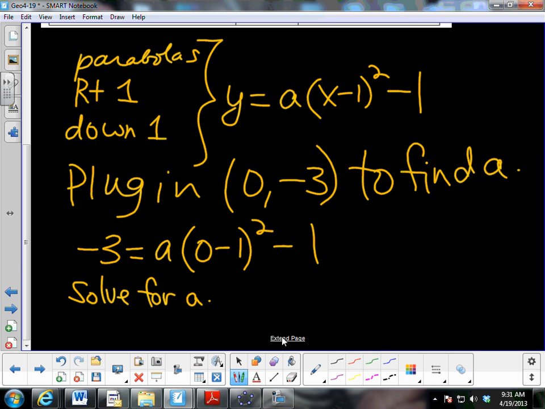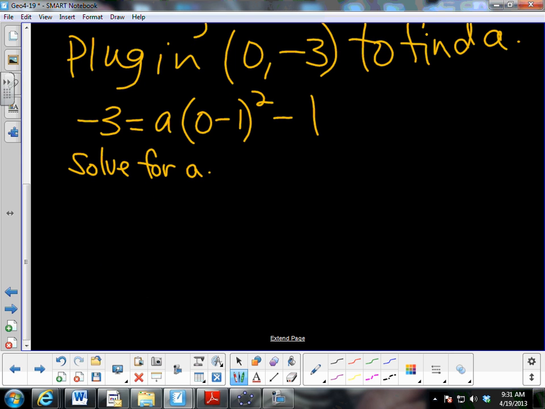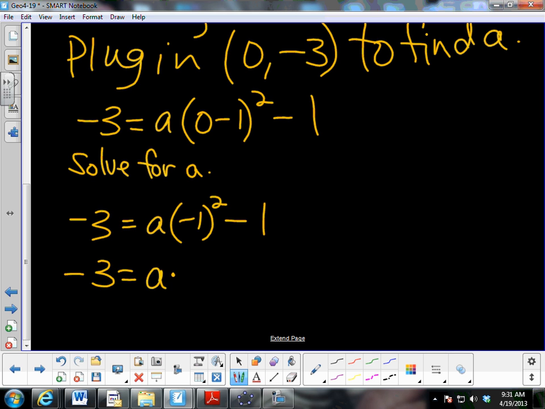Okay, order of operations. I got to do 0 minus 1 first. 0 minus 1 is -1. Now I got to do exponents. -1 squared is +1. So I have -3 equals A times 1 minus 1. Multiplication next.